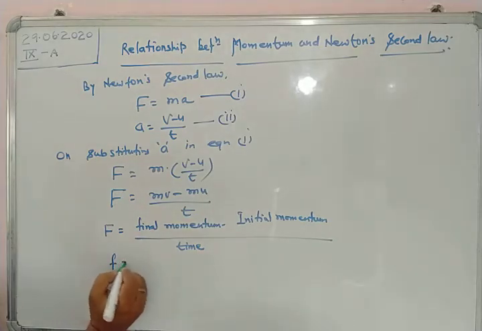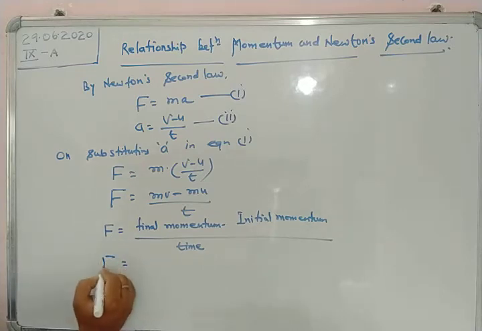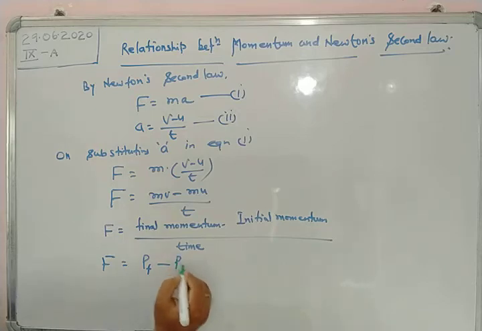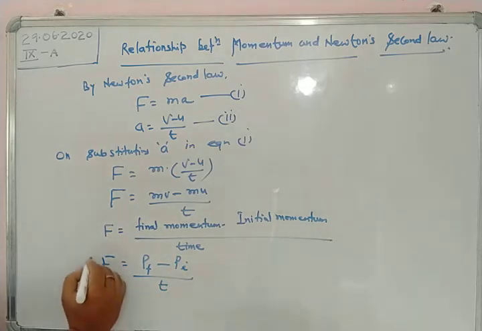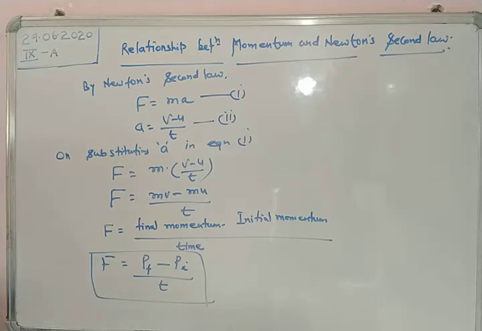So in a better way we can write force equal to Pf, that means final momentum, minus Pi, initial momentum, by time. So this relation also gives us one definition. What is the definition we can call now?